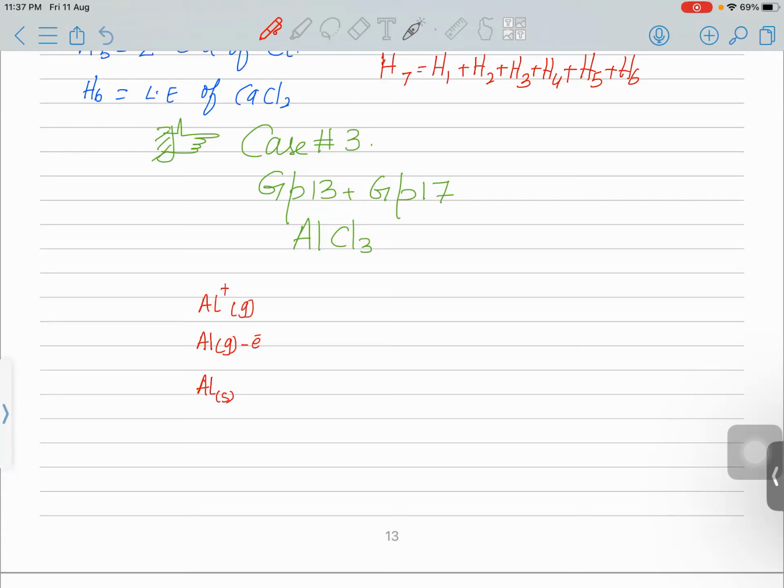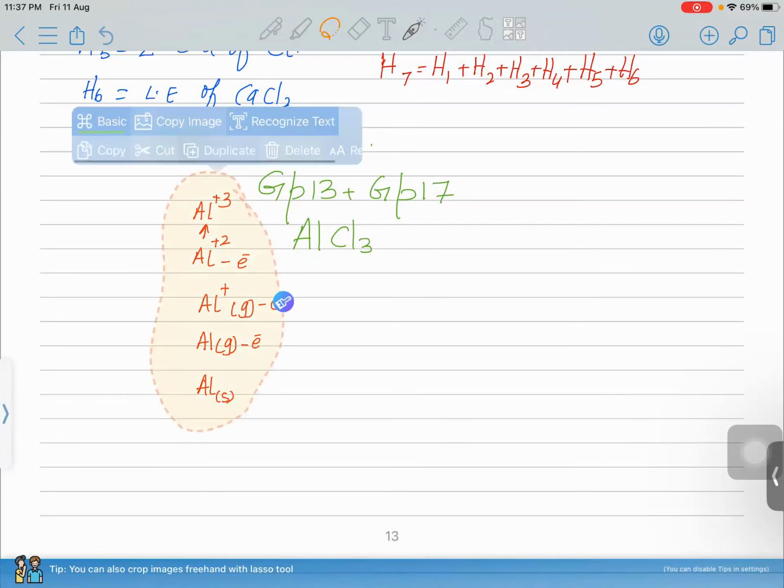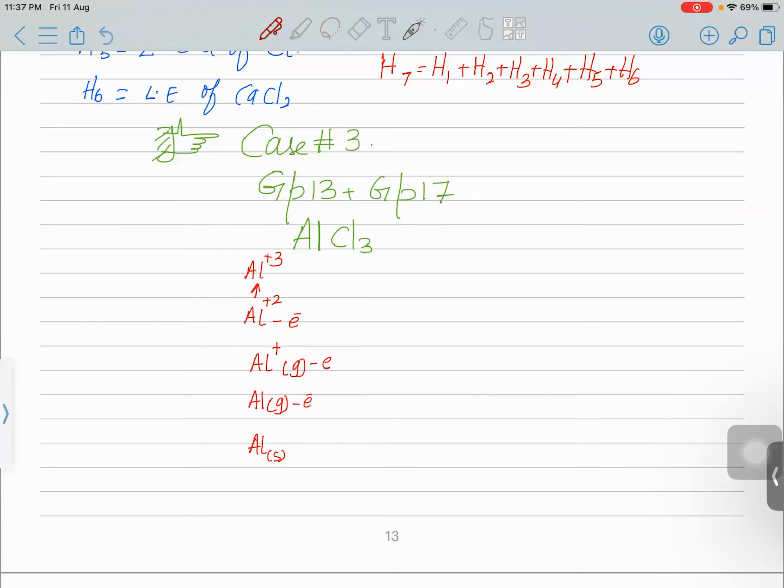Then again an electron would be removed to form Al2+, again minus 1, then again minus 1 to form Al3+ gaseous. So this is H1, this is H2, this is H3, this is H4.